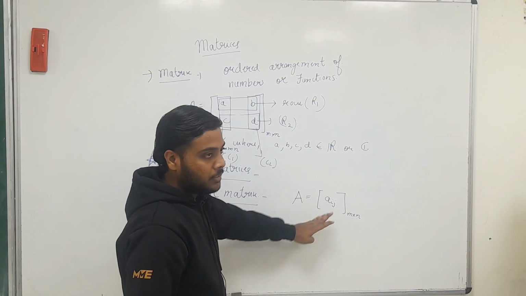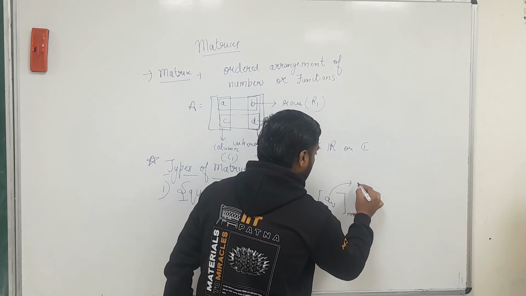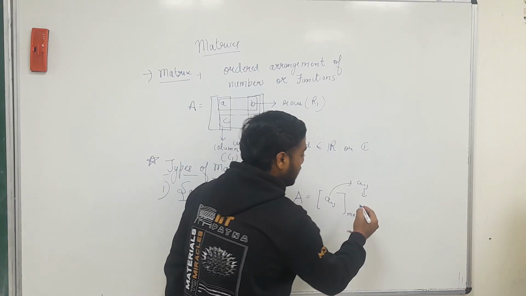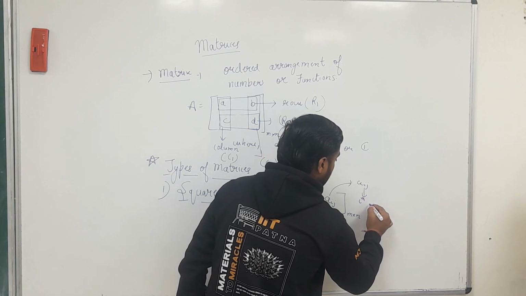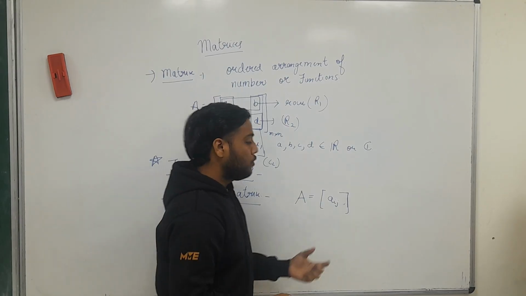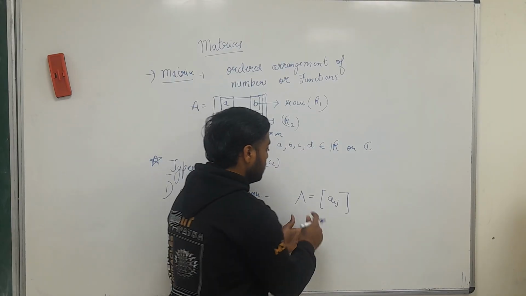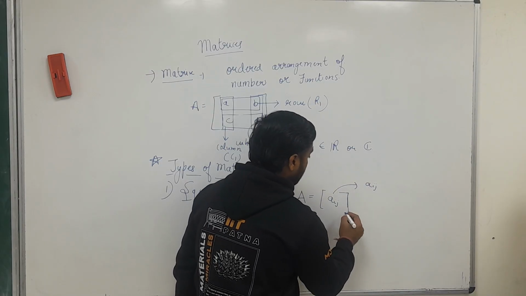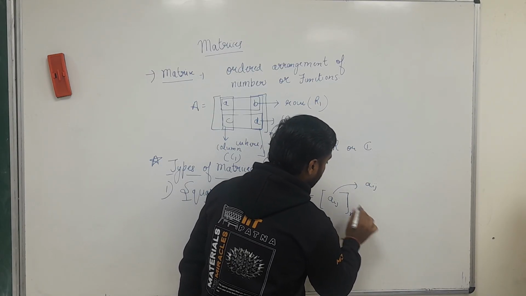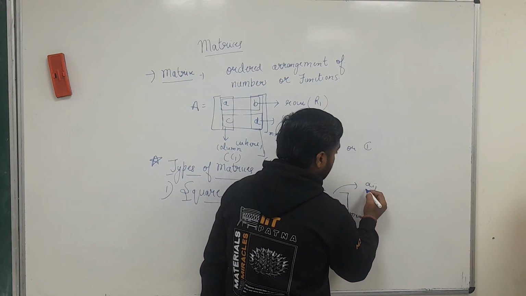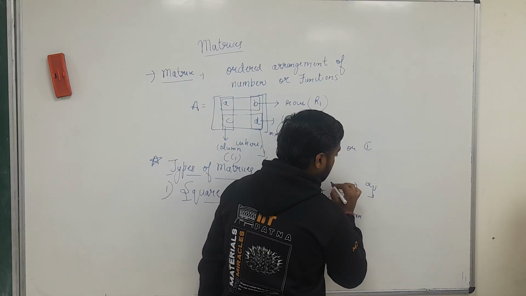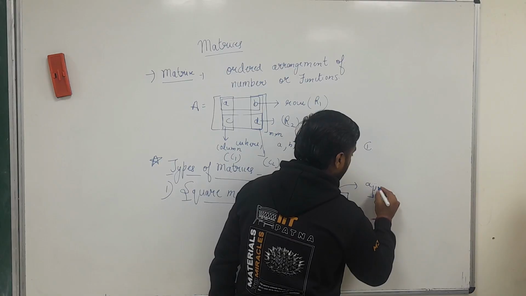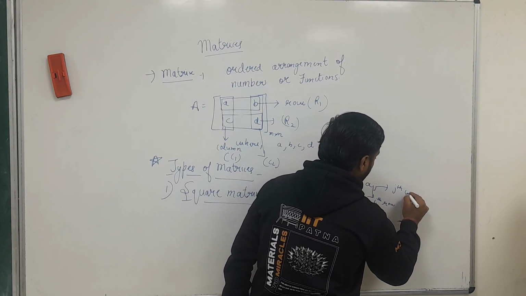So this is a matrix whose elements are aij, where i denotes the ith row and j the jth column. We suppose the matrix whose element is aij and the order is n cross n.